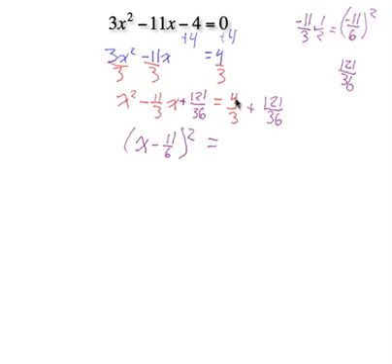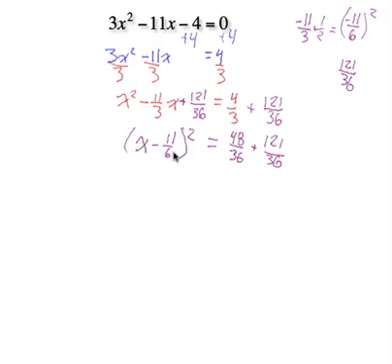And on the right, we have two unlike fractions. We really need to get a like denominator. In this case, we're going to multiply by 12 over 12. 4 times 12 is 48. 3 times 12 is 36. And now we can add these two fractions. So let's switch colors.